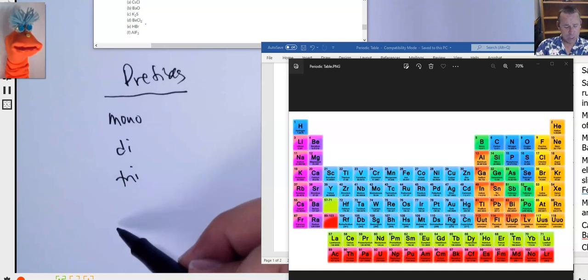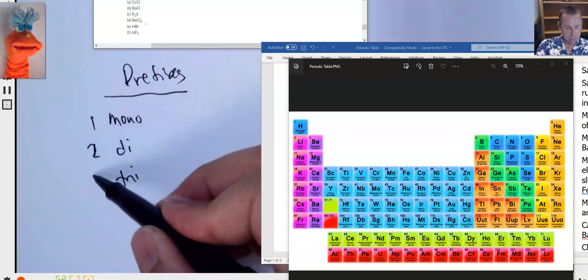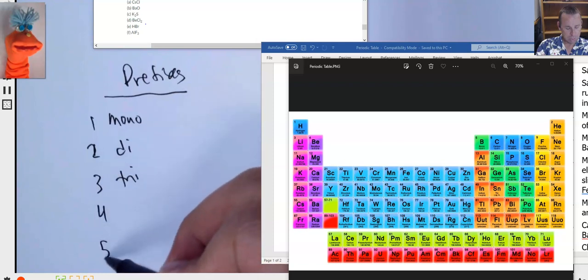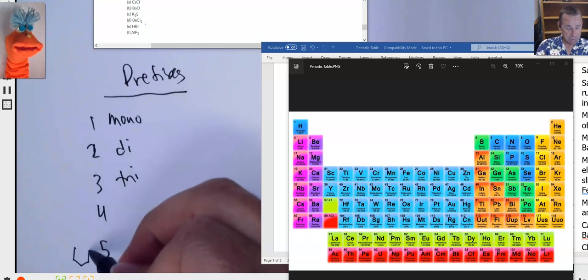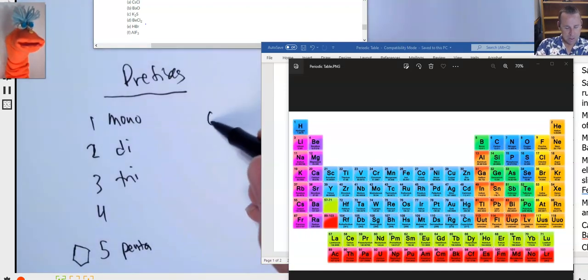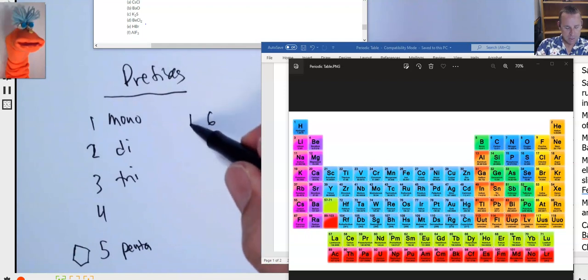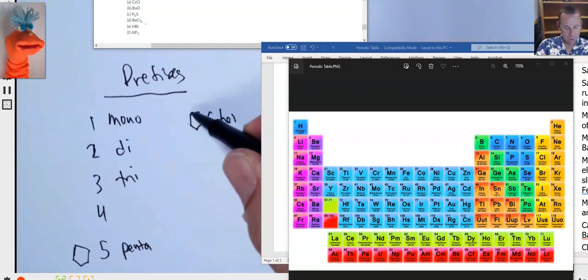Let's skip 4 for a second. 1, 2, 3, 4, 5. 5 is, you know what you call a 5-sided figure? Pentagon? Very good. So pent. 6, 6-sided figure. Hexagon? Hex. 1, 2, 3, 4, 5, 6.